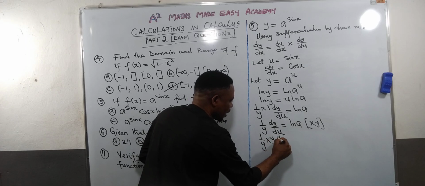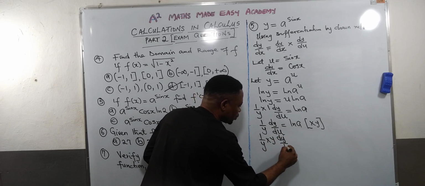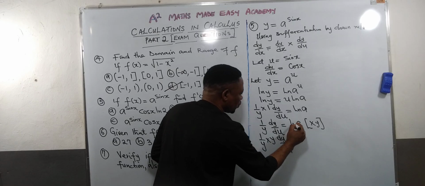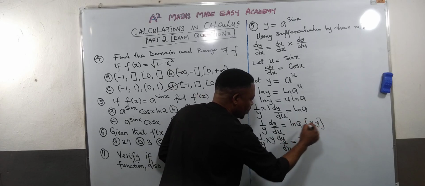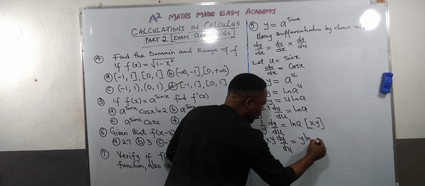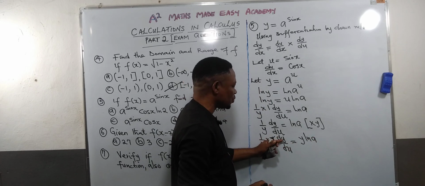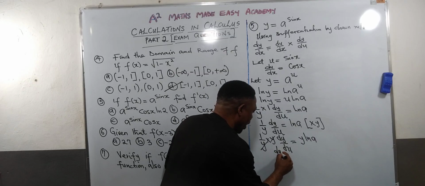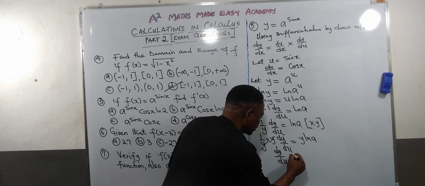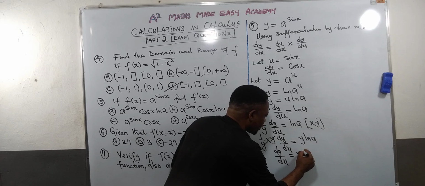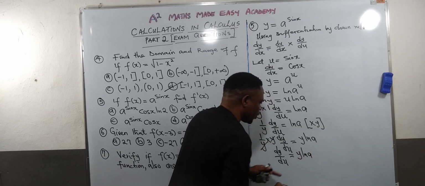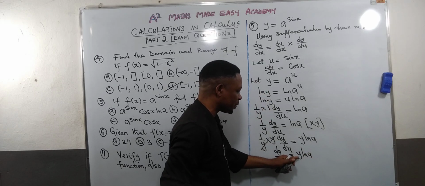Now dy over du is equal to what is here: y. I multiply both sides by y, then ln a. Then y cancels off, and 1 times dy/du gives dy over du equal to y ln a. Am I communicating?